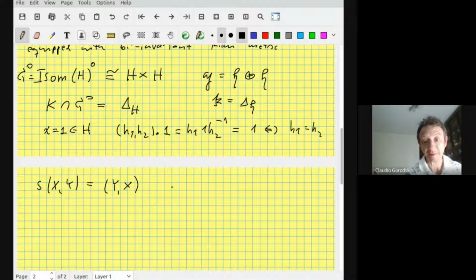So the fixed point set is exactly the diagonal, and P is the anti-diagonal, right? X minus X.